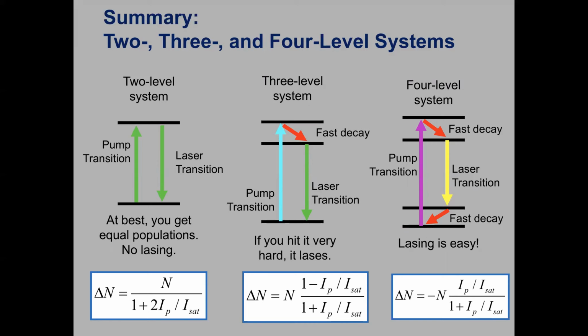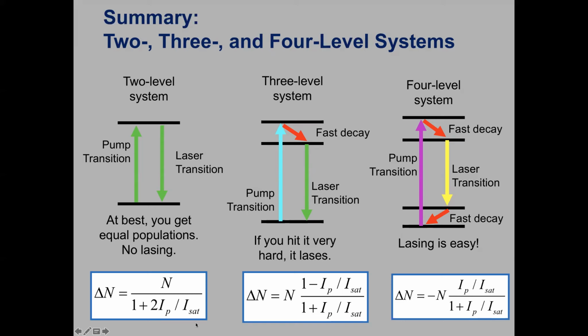and we showed that if you just have a two-level system or a two-state system that you can couple to with light, you really can't get this to work because of the population inversion, delta n, the population of atoms in state 2 versus state 1. So delta n here is defined as n1 minus n2, remember? So if this is positive, it means there's more atoms in the lower energy level.